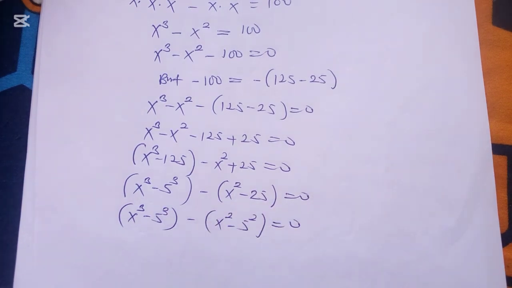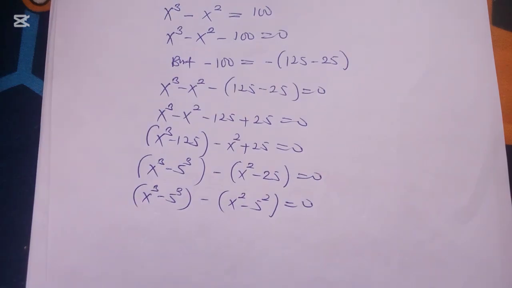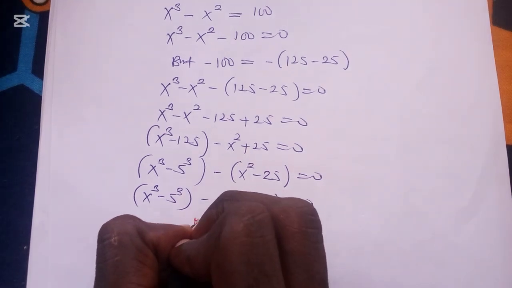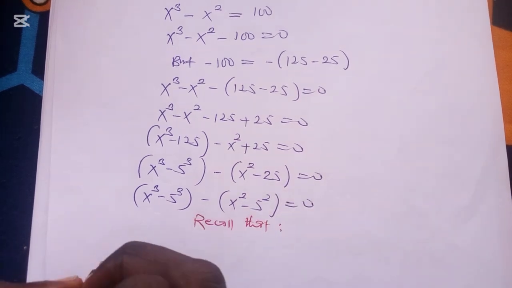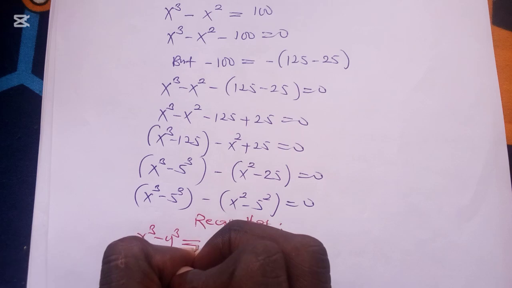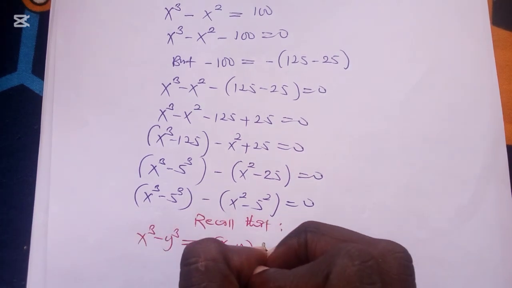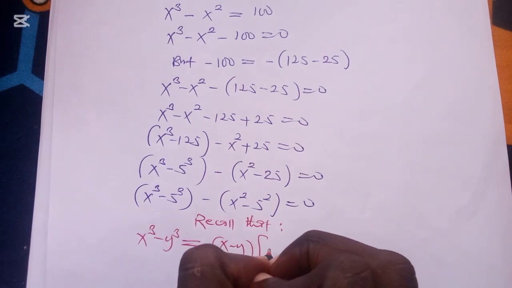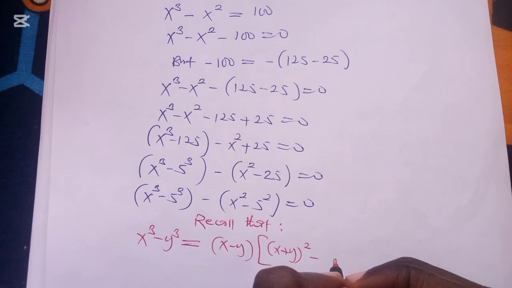This equals 0. Now from this point, what are we to do here? We say recall that if you have x cube minus y cube, this is equal to x minus y into x square plus y square plus xy.